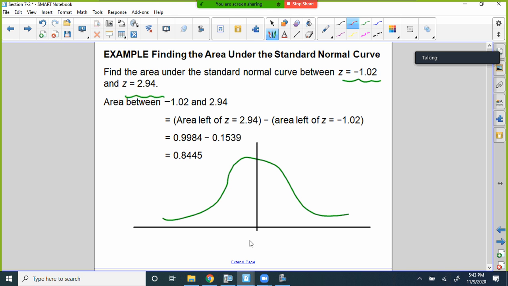We'll put this right here as the mean. We're going to say, okay, this is a z-score of negative 1.02, right? And this is going to be a z-score of 2.94. So what we're looking at is everything, let's go blue, everything right in here.